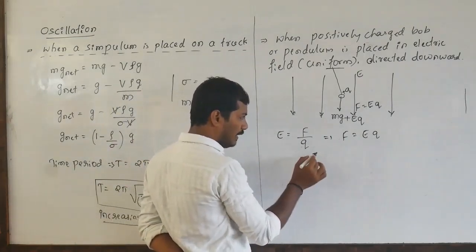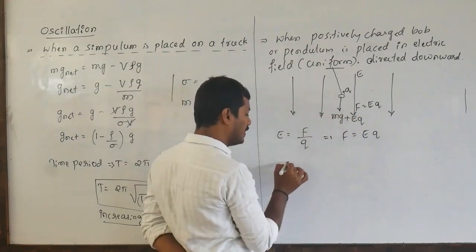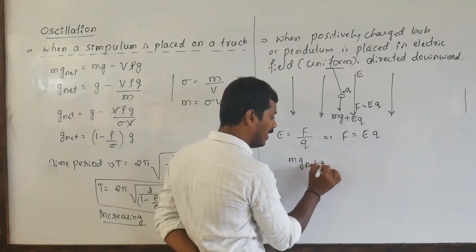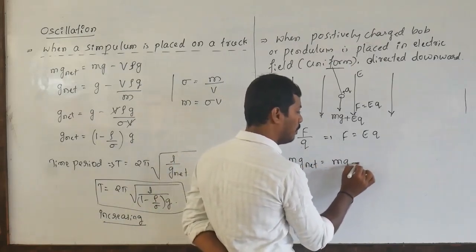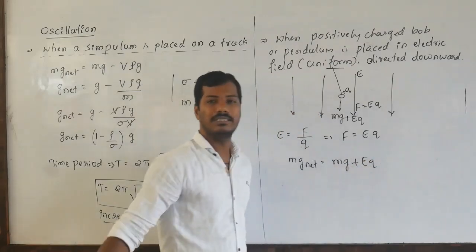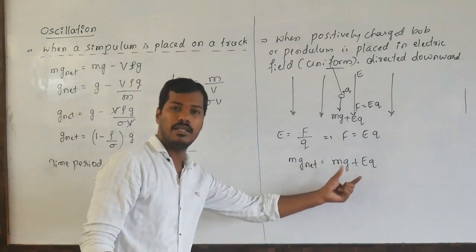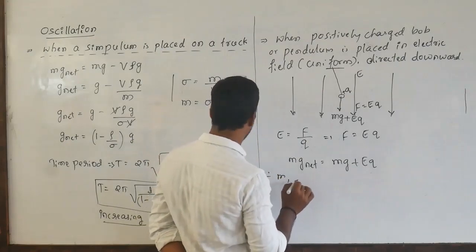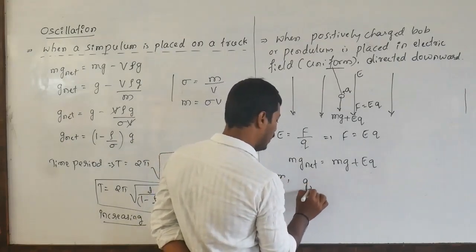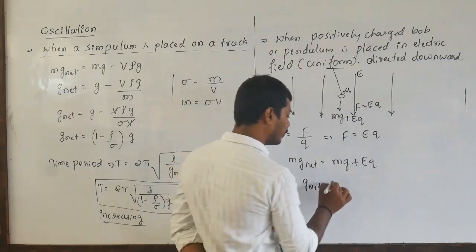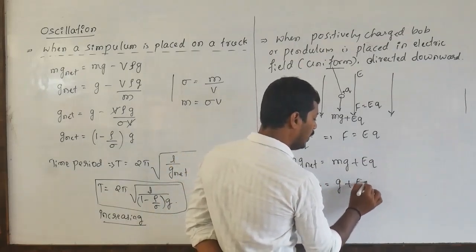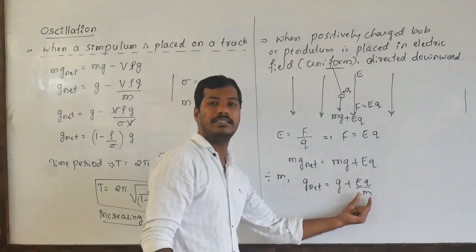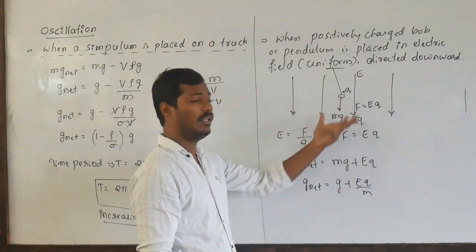Then what about the G net? We calculate mg net is equal to mg plus E into Q. Then dividing again by m, G net is equal to G plus EQ divided by m, where m is the mass of the ball.